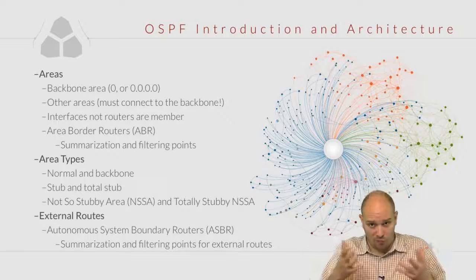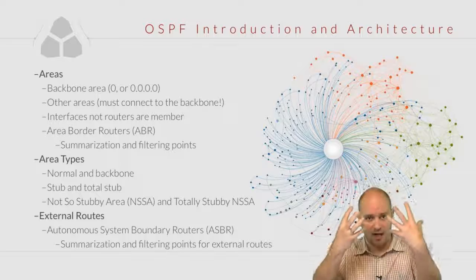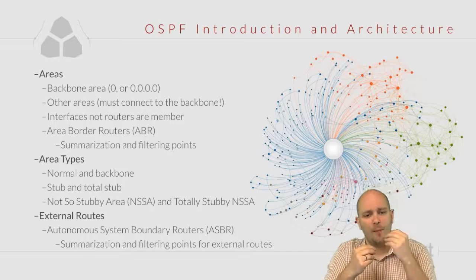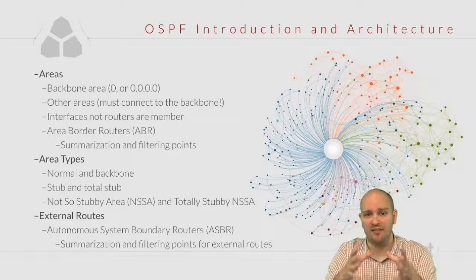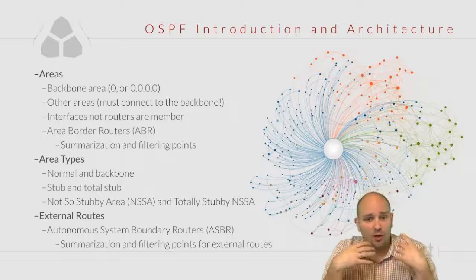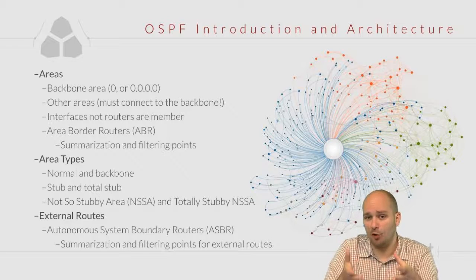And speaking of different areas, not only do all areas need to be organized in a hierarchical fashion and all need to connect to area 0, but not all areas behave the same way. There are different area types. There are normal areas, and the backbone area is an example of a normal area.